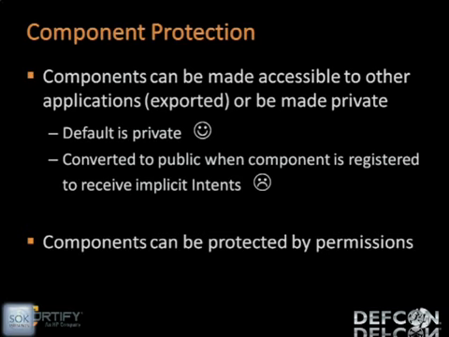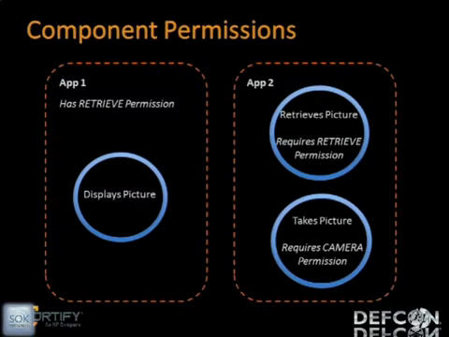And the second way to protect a component is through permissions. So a receiving component can require that a sender has a permission to send to that component. So an example of that second requirement is, on the right side we have application 2. This has two public components. One retrieves a picture and it requires the retrieve permission.